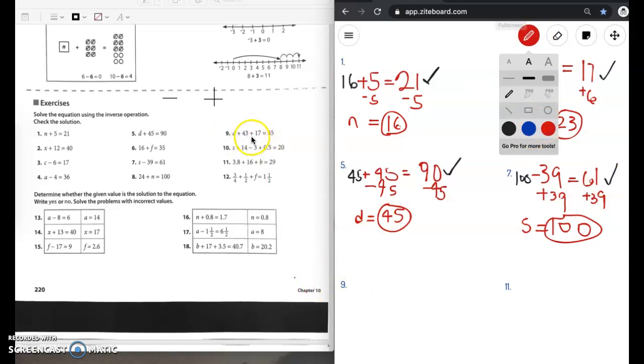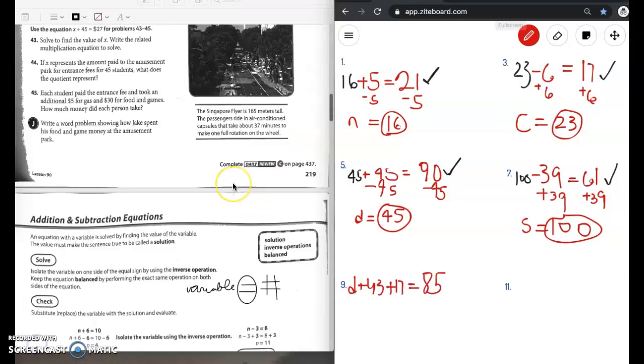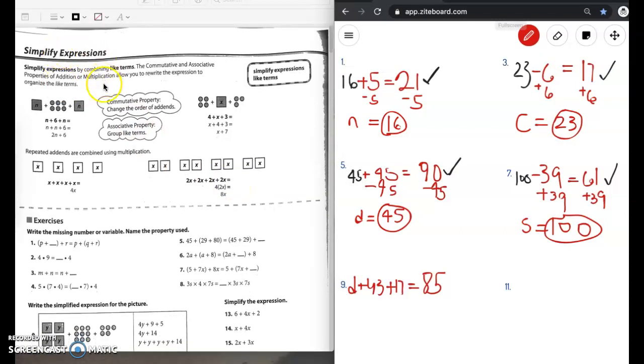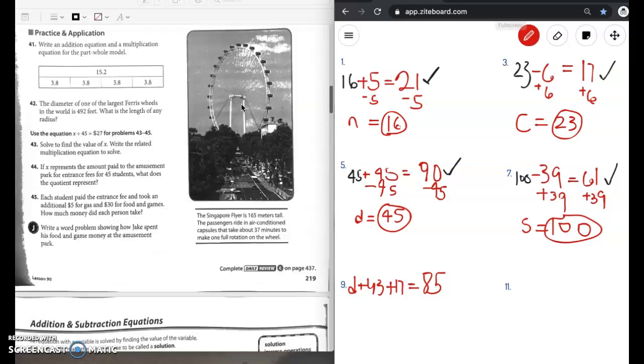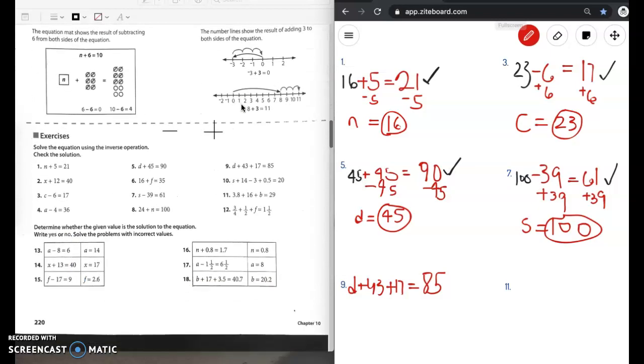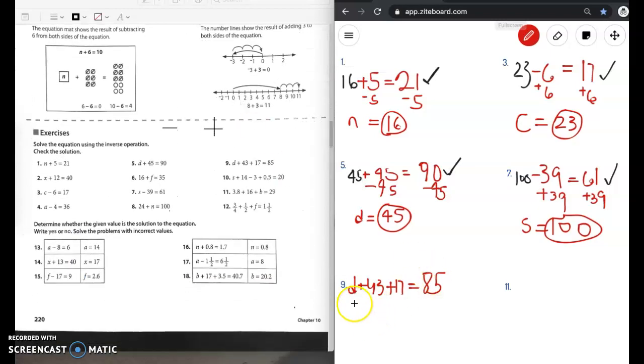Let's move on to number 9. D plus 43 plus 17 equals 85. Oh, so we got a little twist here. This is why we learn to simplify expressions first. Remember, when we simplify, you are combining like terms. So you're going to put the numbers together and you're going to put the variables together before you do anything else. So D plus 43 plus 17.